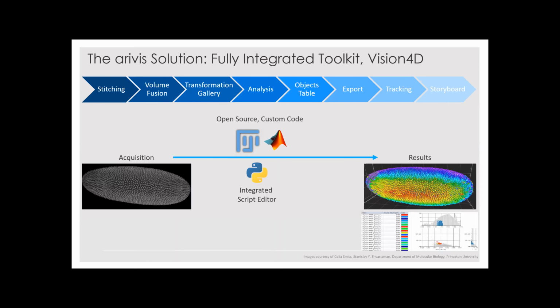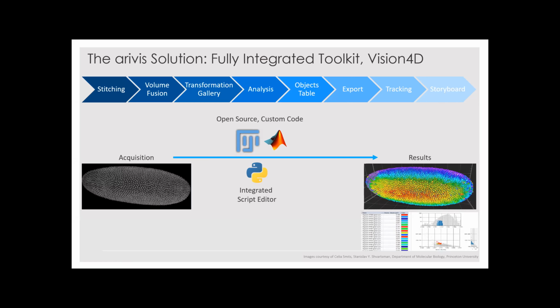So with this toolkit, Vision 4D allows you to leverage a variety of modules and operators and different tools to go in a relatively straight line from your acquisition to your results, particularly in a way that you can stay in one environment. So you can stay in the Arivis environment. What you'll hear in a minute is that even includes connections to open source and custom coding.